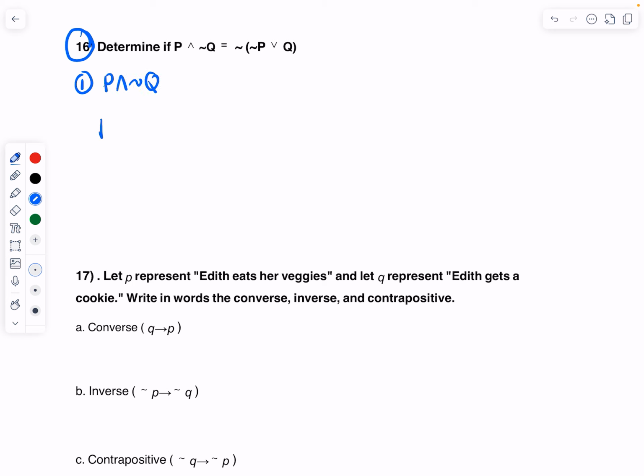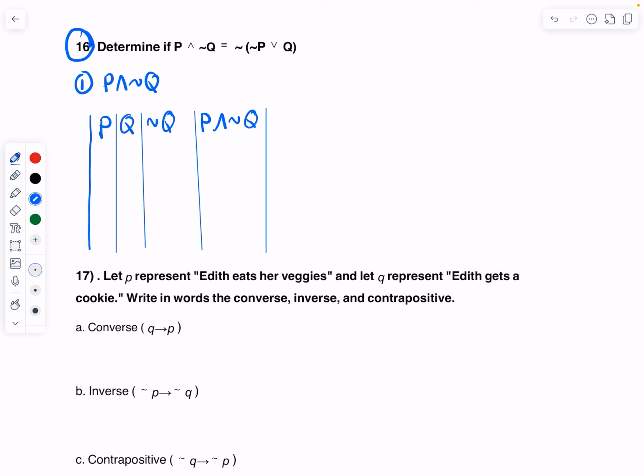I'm going to call this first one P and negation Q. Again, I have two simple statements, P and Q. I'm going to take care of that negation, and then finally, I'm going to put the pieces together. So P and negation Q. Since I have two letters, I'm going to have 4 rows.